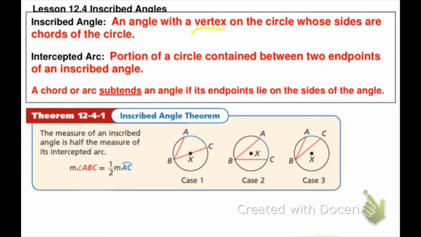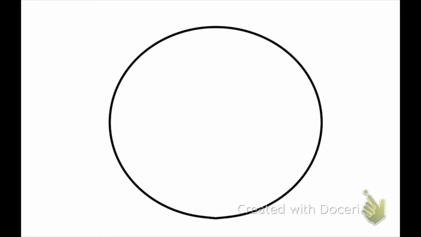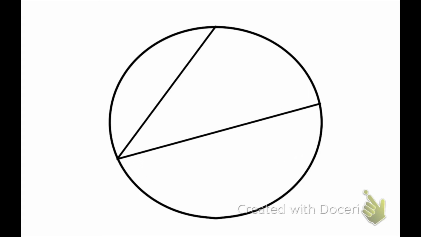So an inscribed angle is where you take a circle and you connect. So here's a chord, here's another chord, but the vertex, this guy right here, has to be on the circle, like actually on the circle, and notice how it creates an angle here, the sides of that angle are chords.